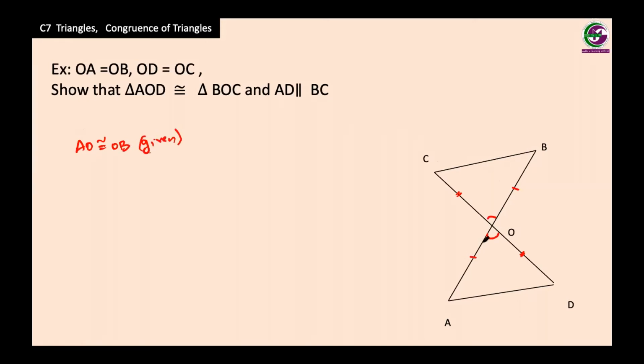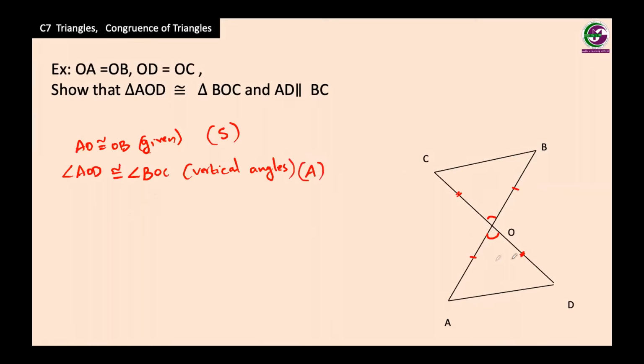If two lines are intersected, we studied that vertically opposite angles are equal. So we can say angle AOD is congruent to angle BOC because they are vertically opposite angles or simply vertical angles. So here we get a side, and here we get an angle.